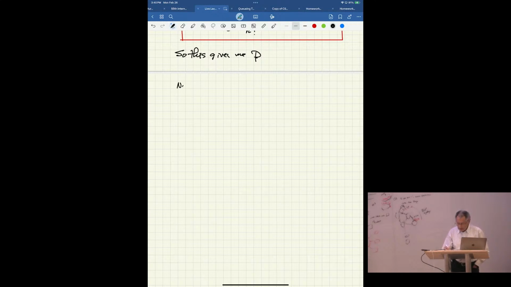Let's make a notation. Now let's note the following. Alpha k is greater than 0 for all k greater than or equal to 0. That means we can reach all states from any state.